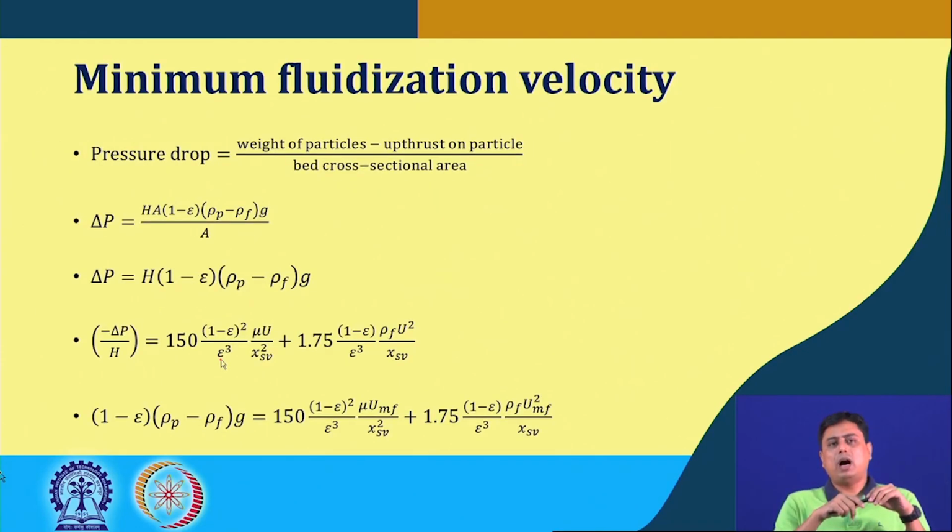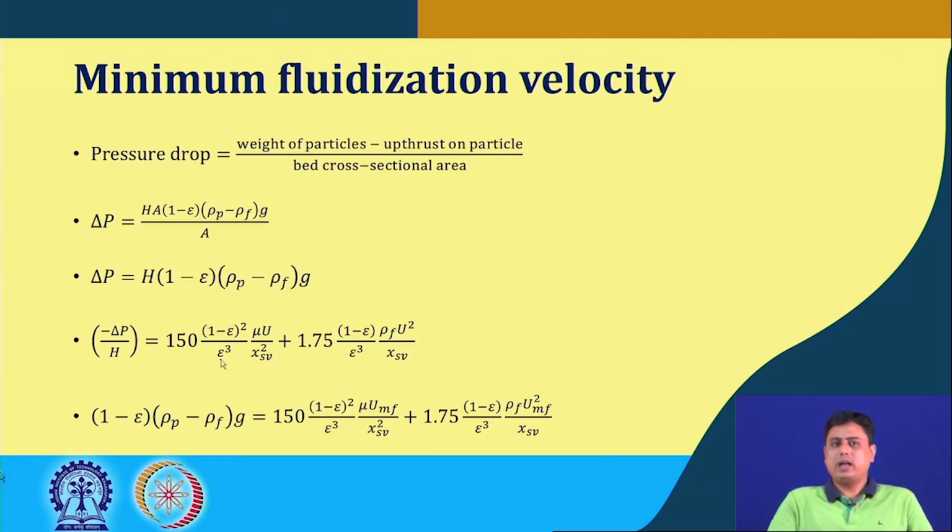So, how do we estimate this minimum fluidization velocity in another way? Typically in fluidization, the pressure drop is basically the weight of particles minus the upthrust on the particles, divided by the bed cross-sectional area.